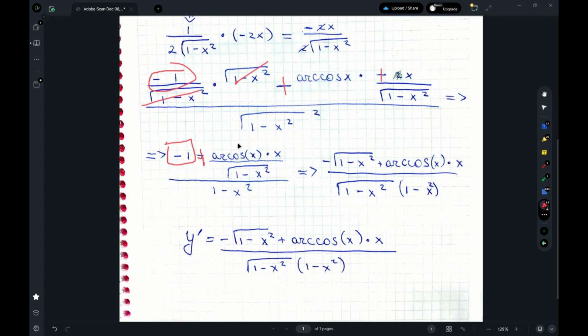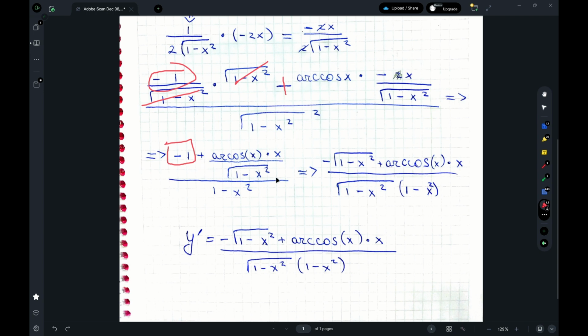So we write it here. Then we should multiply these both equations and we get arc cosinus x multiplied by x divided by square root of 1 minus x squared, which we write here. And all of this divided by 1 minus x squared.